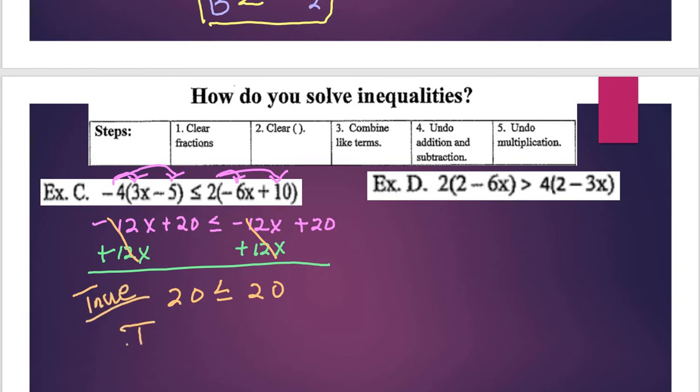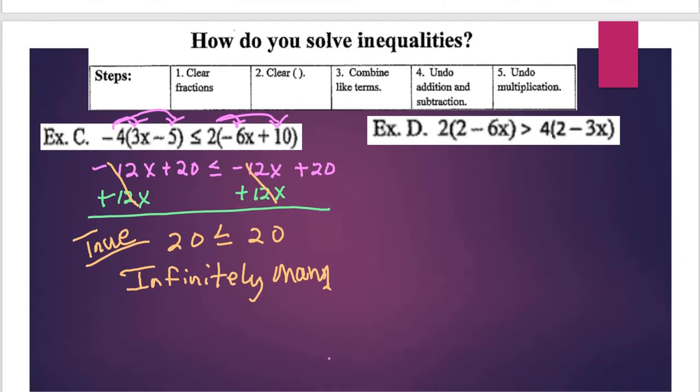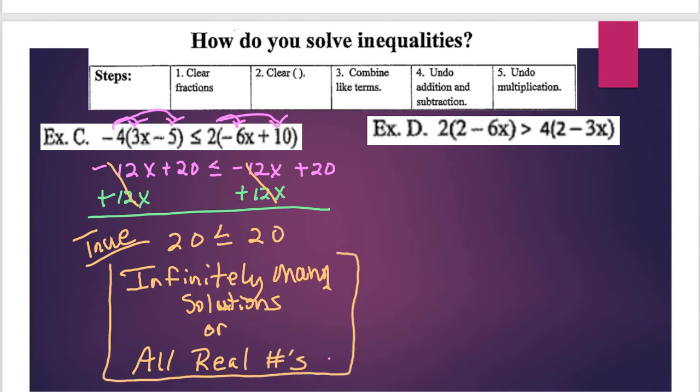And if it's true, the final answer is infinitely many solutions, or you may say all real numbers, and I'm going to use the abbreviation for numbers. So this right here is my final answer, not the 20 is less than or equal to 20.